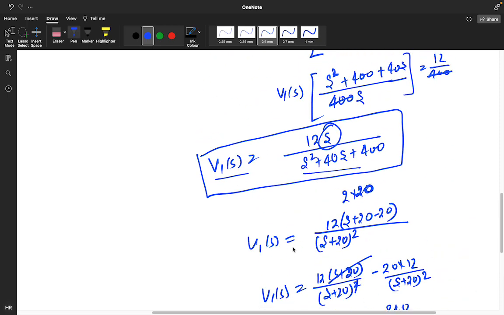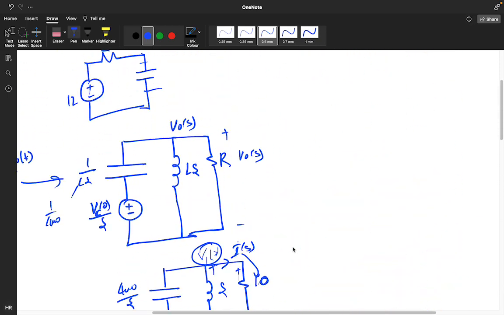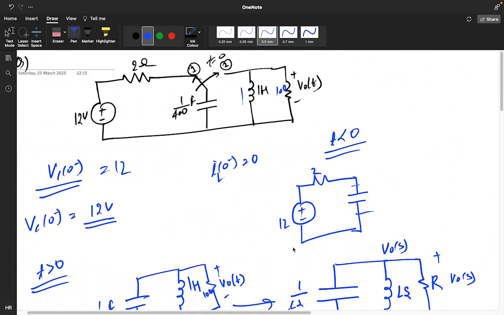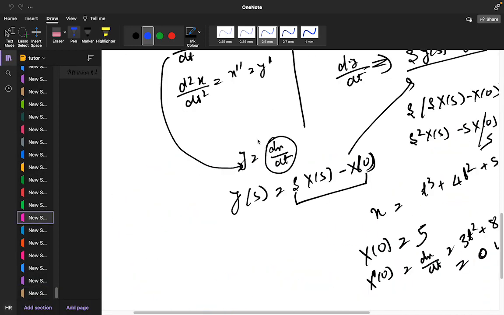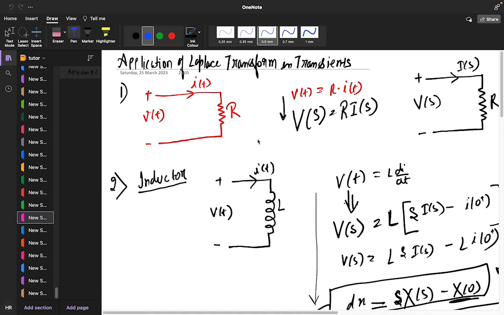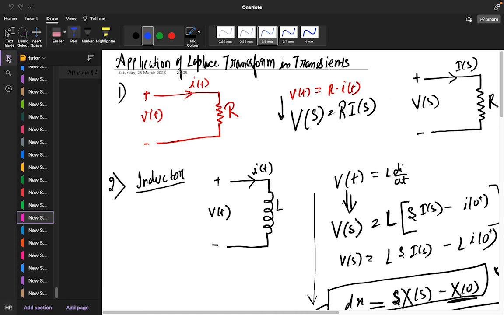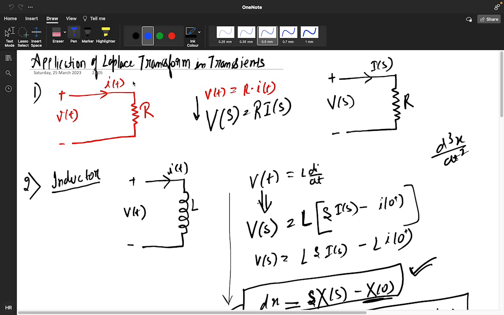So what we did, this is not a very difficult question, it's a very easy question. Just see this part from here. We learned the Laplace transform, where v of t and i of t are there, so we just need to know the basics.